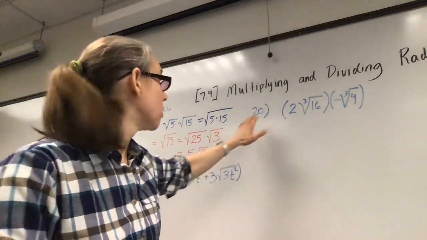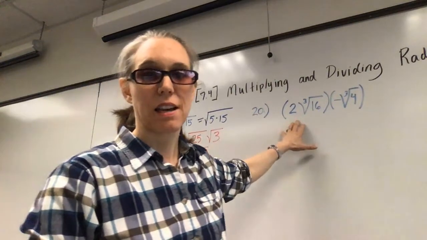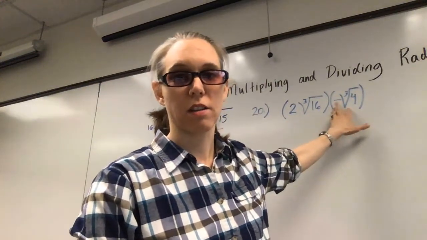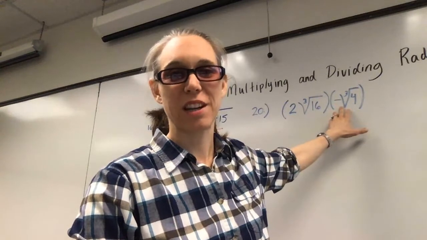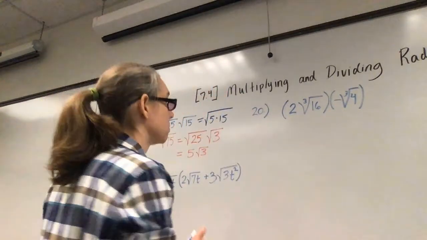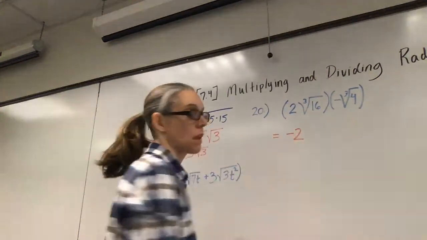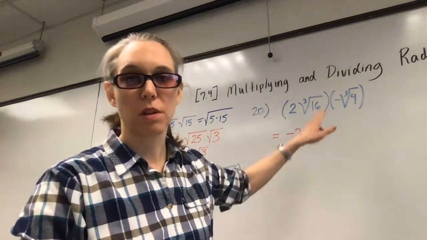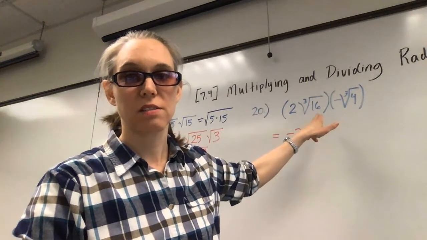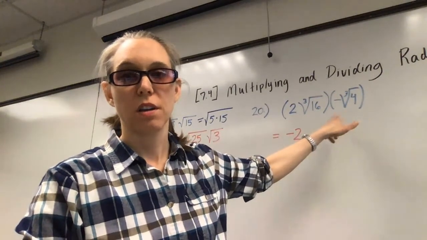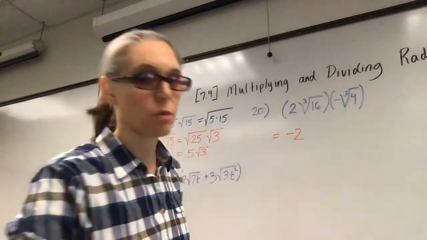So the 2 times negative 1, there it is, 2 times negative 1 is negative 2. And next we're going to multiply cube root of 16 times cube root of 4. 16 times 4 is 64.